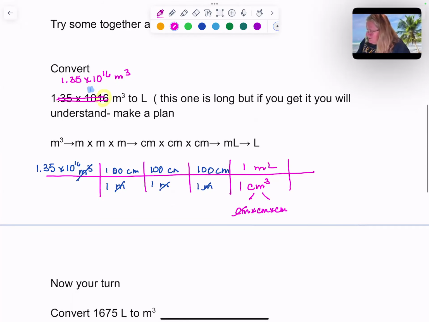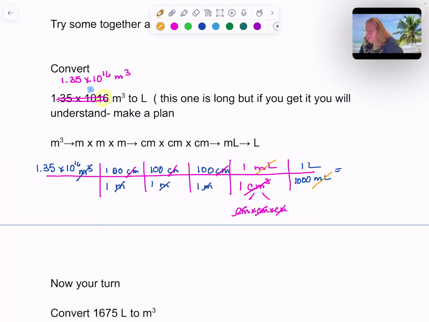So centimeters canceling centimeters, centimeters canceling centimeters, centimeters canceling centimeters. We've gotten rid of that cubic centimeter. And then there are 1,000 milliliters to 1 liter. And this milliliter finally canceled that milliliter.